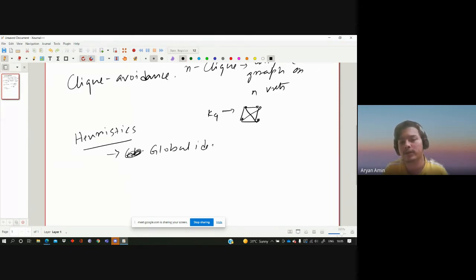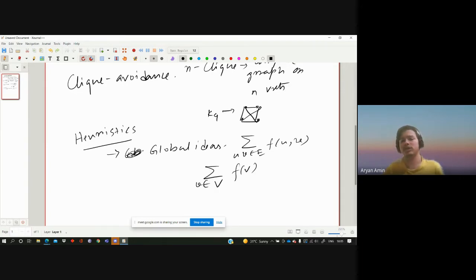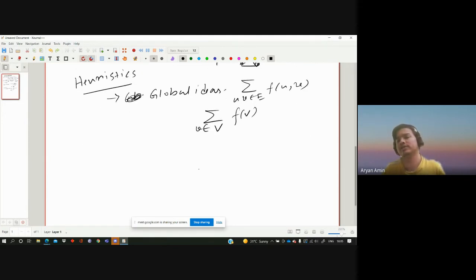You might have to deal with sums of the form: sum over edges uv of f(u, v) for some function f, or sums over vertices v of f(v), where it is a function of just vertices, or a function of uv where uv is an edge, or similar.